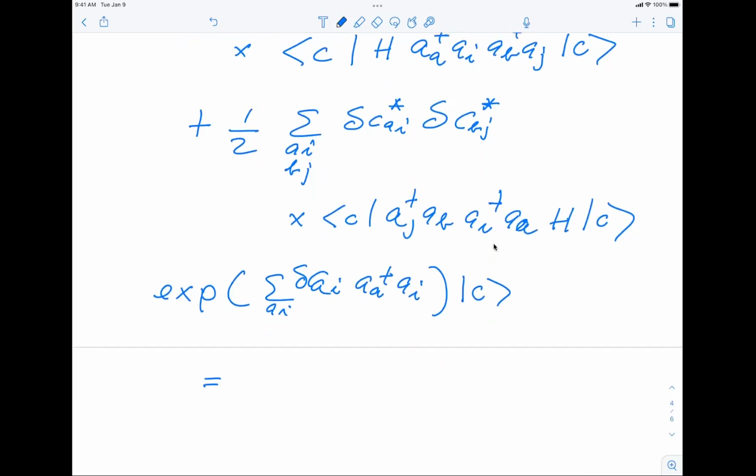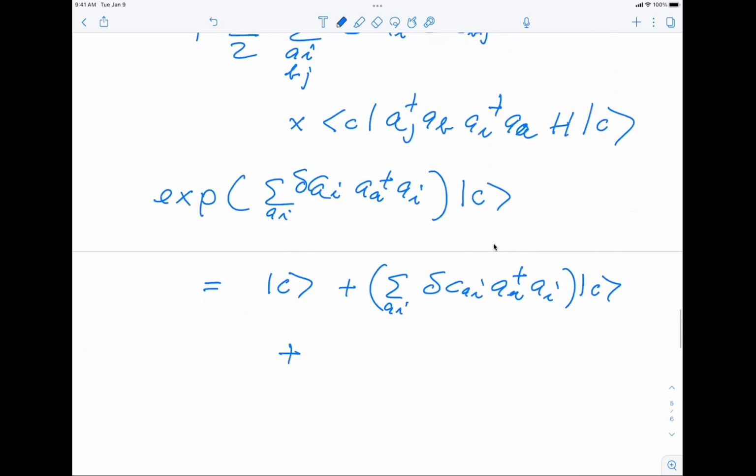And this is something we could rewrite in terms of C plus, and then I have a sum over AI of delta C AI, and then AA dagger AI acting on C. And then the next term would be 1/2, and then I have this term squared, the sum of delta C AI, AA dagger AI, squared, and this is then multiplied with C. So this is a truncation which we made.